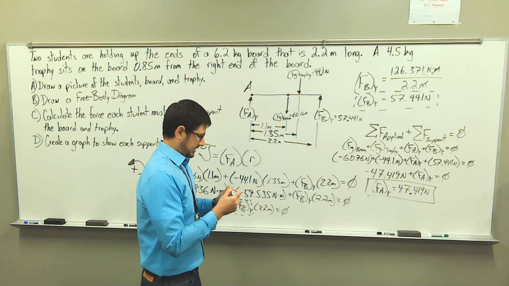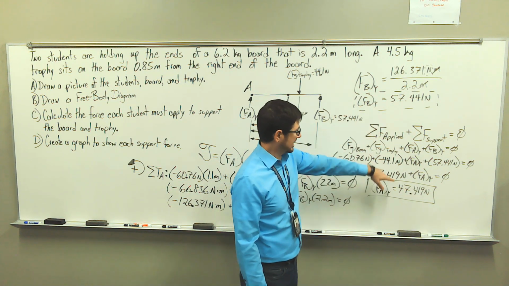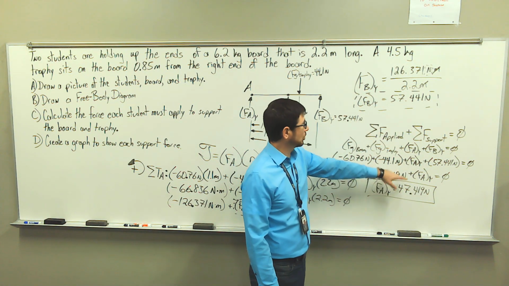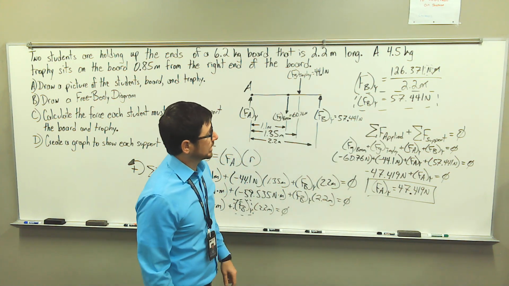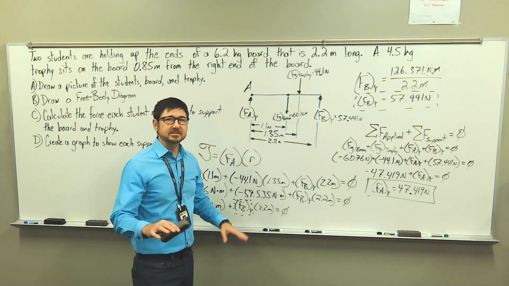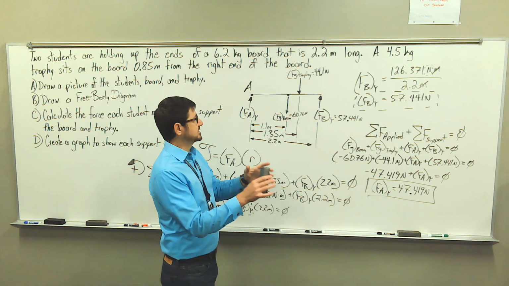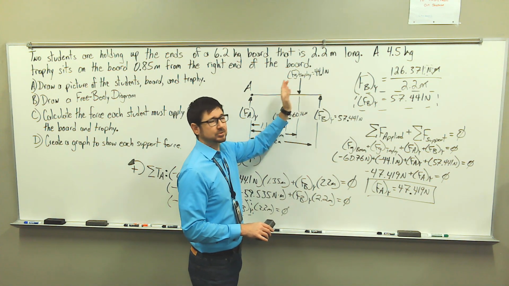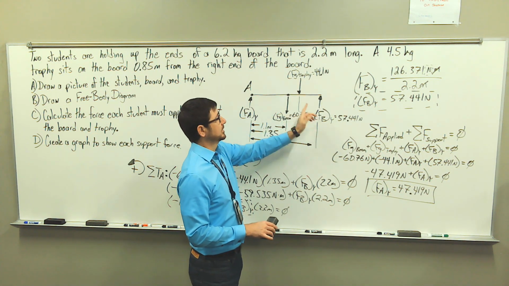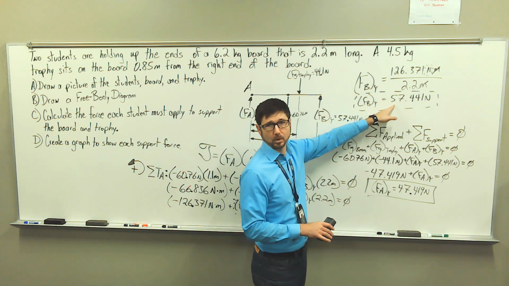All right, so we have two positive values here, okay? So for A, we have 47.419 newtons. For B, 57.441, and that makes sense. Now, the support forces are not equal, but that makes sense because most of the weight, you see that the weight force of the trophy is closer to side B. So that means side B is going to support more weight.